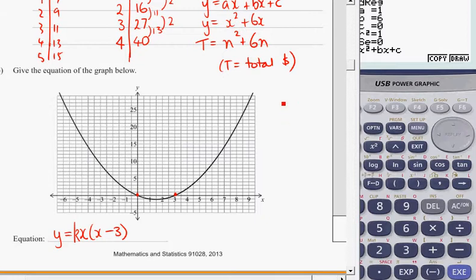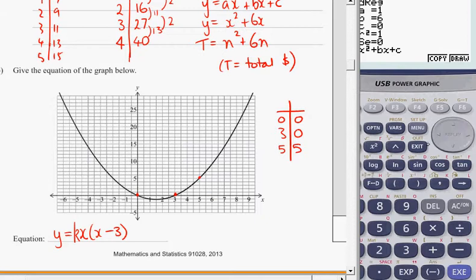Right, so if we go back to our other method of using 3 points, I can see it goes through the point 0, 0, the point 3, 0, and if you look very closely, it's pretty clear it goes through the point 5, 5. You've got to be really careful of that. Make sure it goes through exactly.